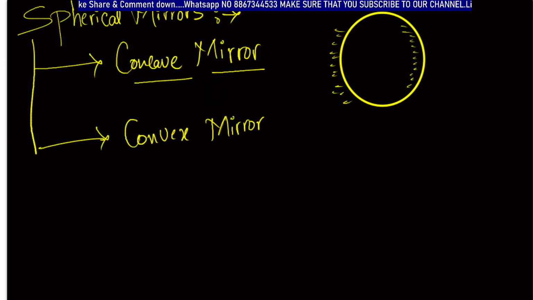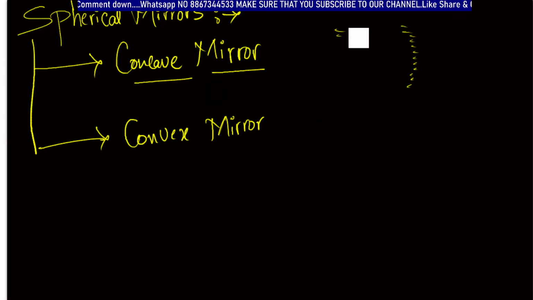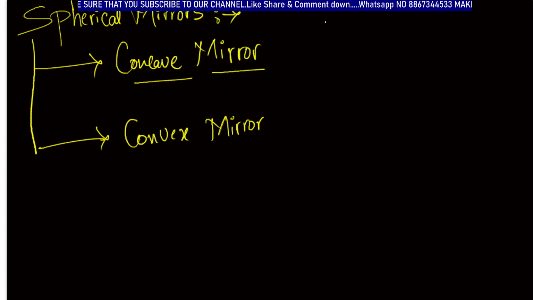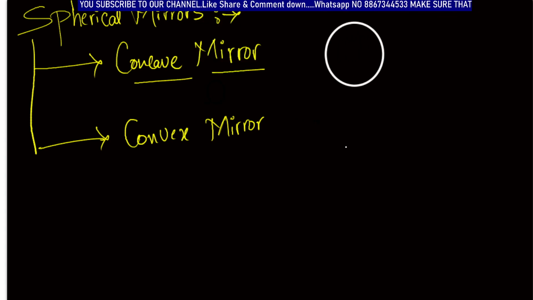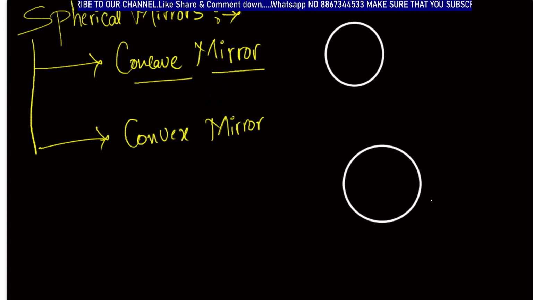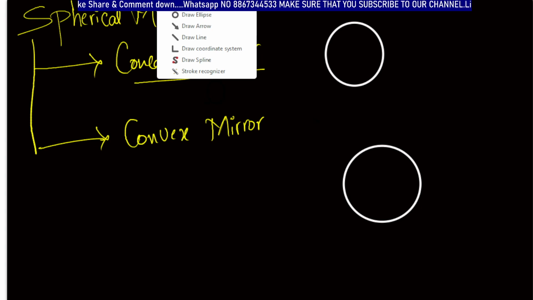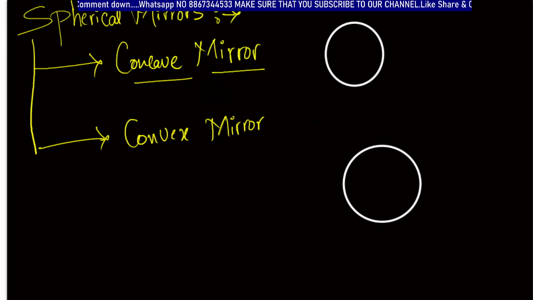Let us consider a sphere. Okay, so this is a sphere. So what does it mean for a concave mirror?